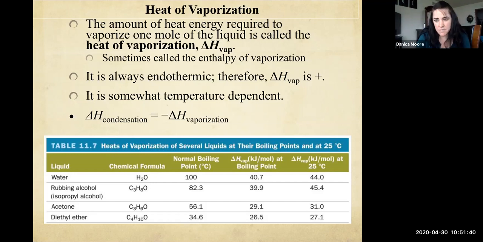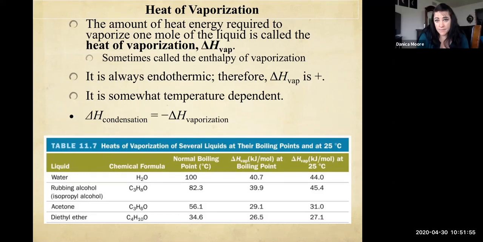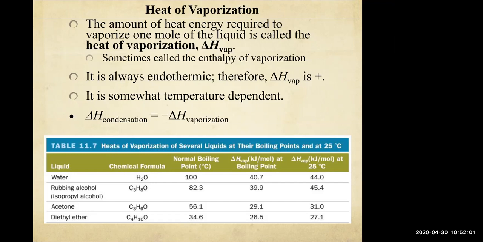Does that kind of make sense? Yeah, I'm just trying to see how, because I know with, okay, so liquids that evaporate easily would be liquids that have less of an energy barrier. Yes, and that less of an energy barrier is because they have less intermolecular forces. Got it, okay. Or less strong intermolecular forces.